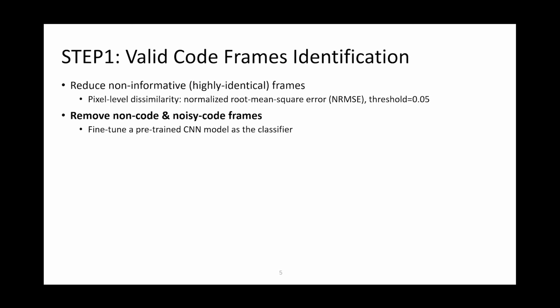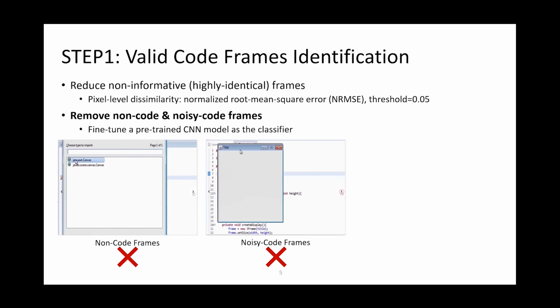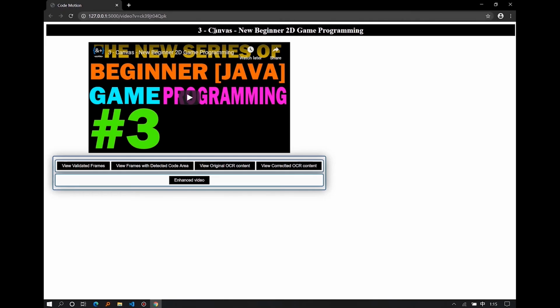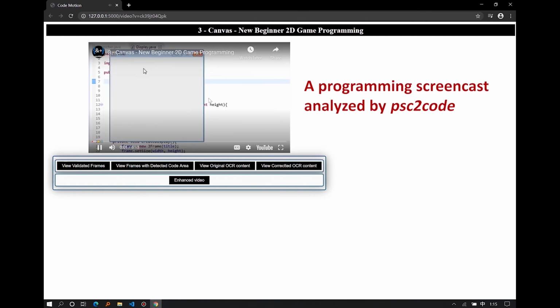Next, we further remove frames that do not contain code or the contained code is partially visible. Due to the limitation of annotated data, we fine-tune a pre-trained CNN model as the classifier. This is a programming screencast analyzed by FSE2Code.